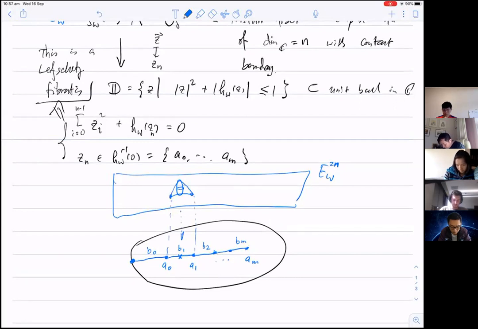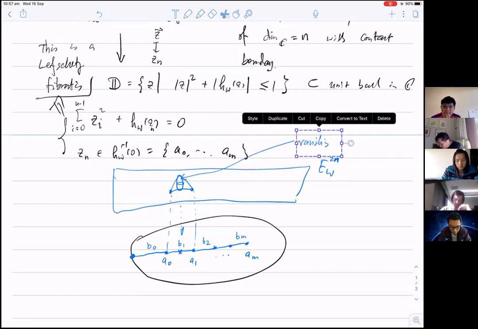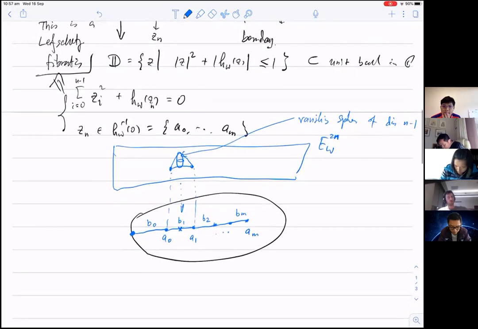Remember that this is a vanishing sphere of dimension n minus 1. And over this interval between these two points, you have a sphere, and then it collapses to a point, so it's a cone.